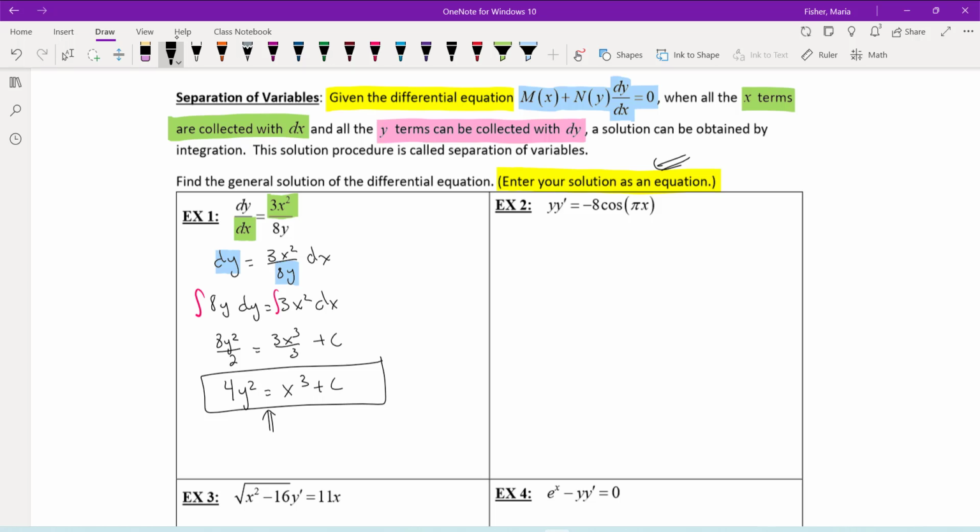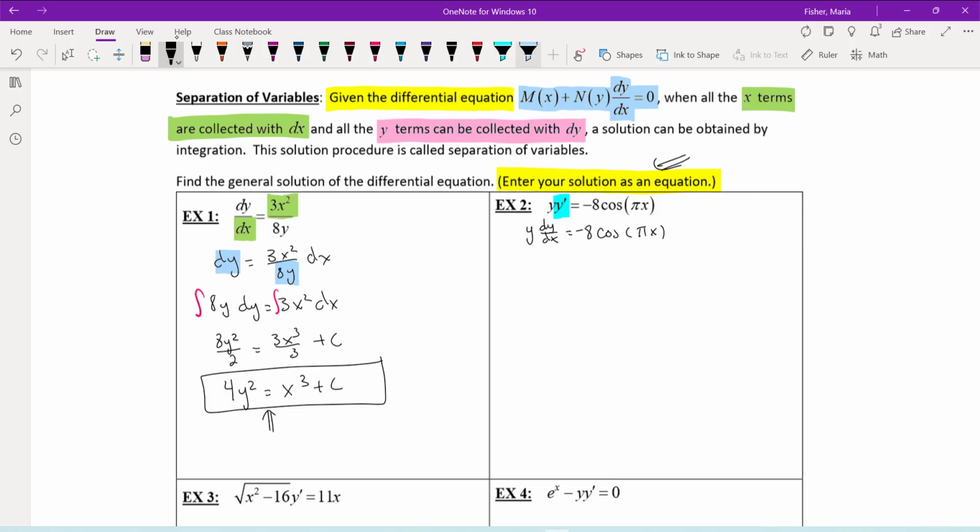Number 2 is y times y prime is equal to negative 8 cosine of pi x. Well, the first thing we want to do is rewrite y prime as dy dx. So we have y times dy over dx is equal to negative 8 cosine of pi x.